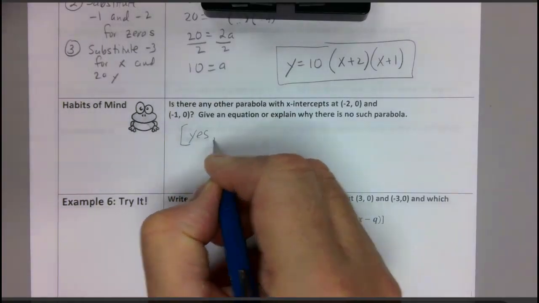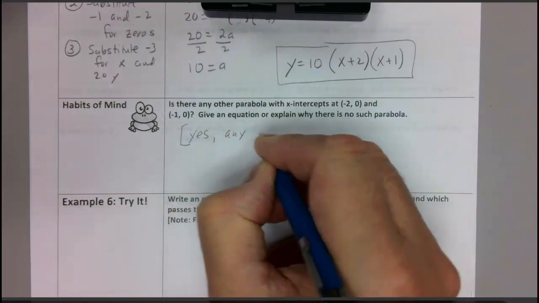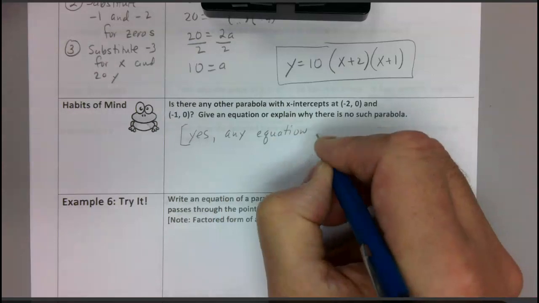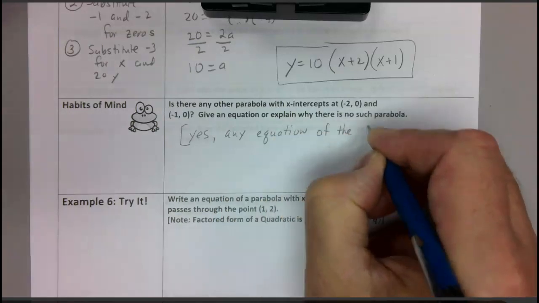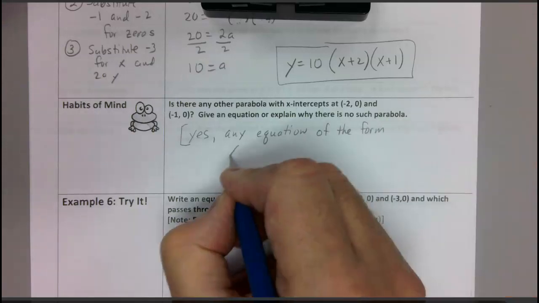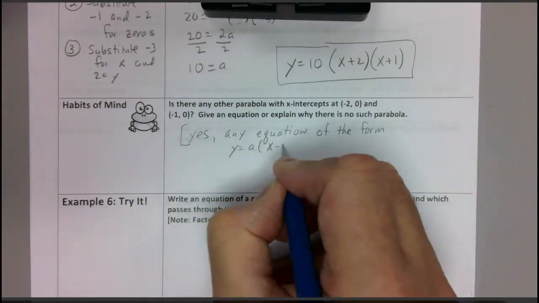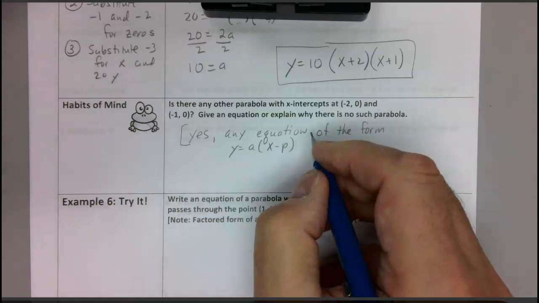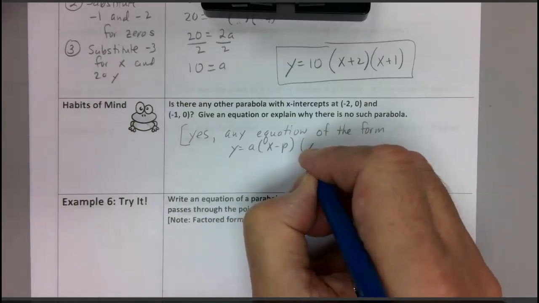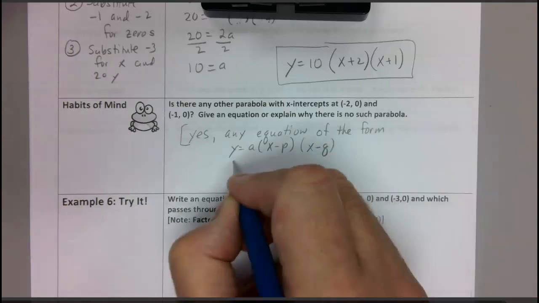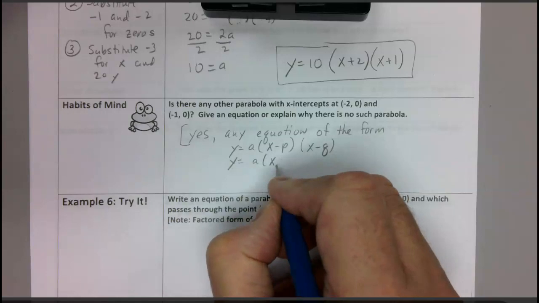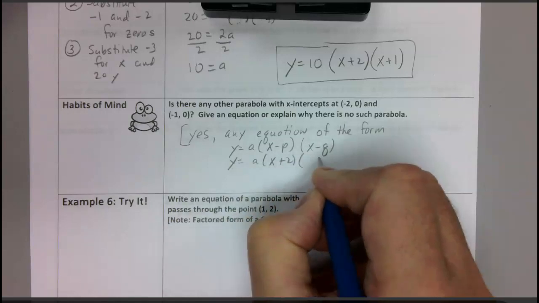Any equation of the form y equals a times x minus p times x minus q, which in this case was a times x plus 2, x plus 1.